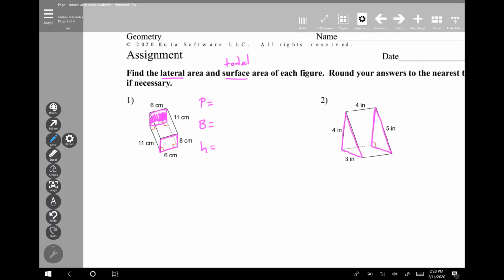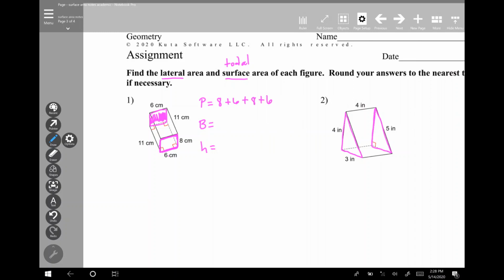Let's look at number 1. This is a rectangular prism because all the sides are rectangles. Okay, they've told us that these two ends are going to be our bases. So perimeter is just adding up all the sides. So here I can see this one on the end. It's got two sides that are going to be 8 and two sides that are going to be 6. So I'm going to do 8 plus 6 plus 8 plus 6.